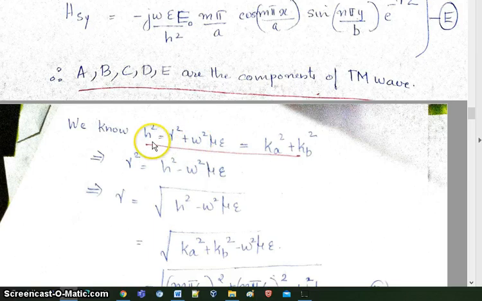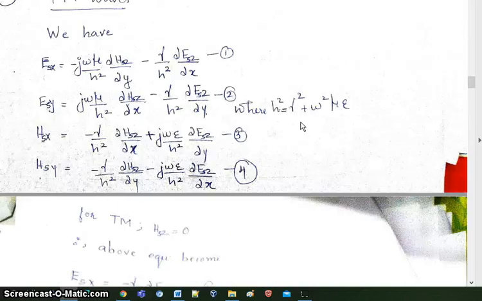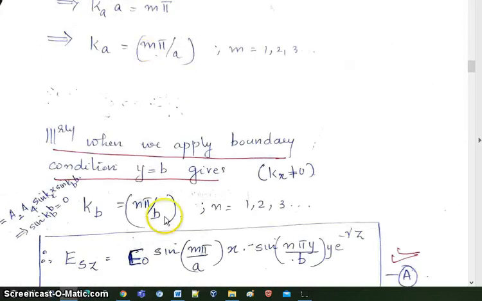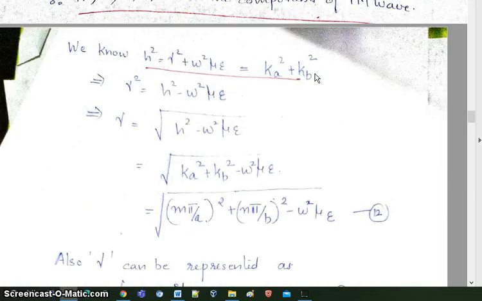Now as I said earlier, h square is equal to gamma square plus omega square mu epsilon, which can be written in terms of Ka and Kb, that is m pi by a and n pi by b, equal to Ka square plus Kb square. So from that, gamma square I am writing as h square minus omega square mu epsilon. So gamma is equal to square root of h square minus omega square mu epsilon.